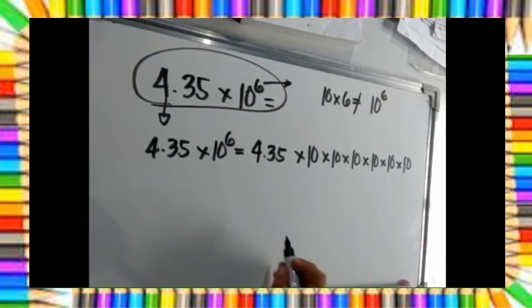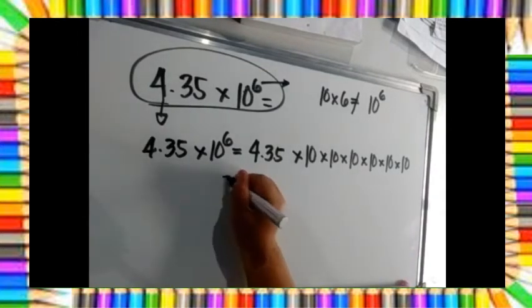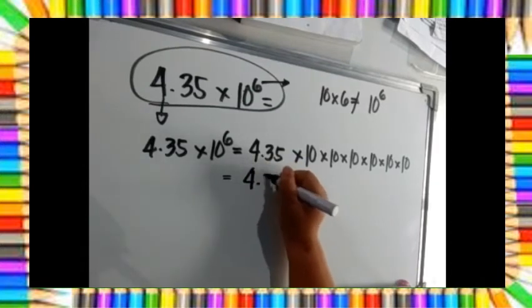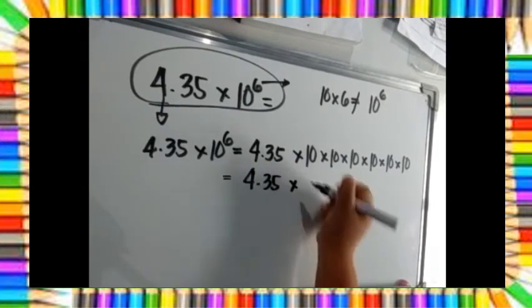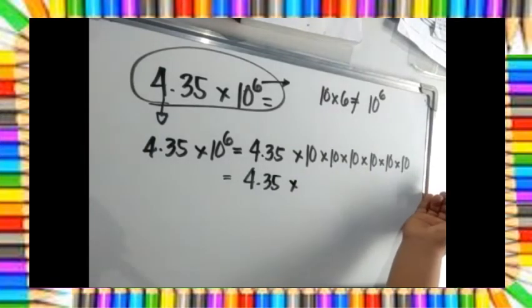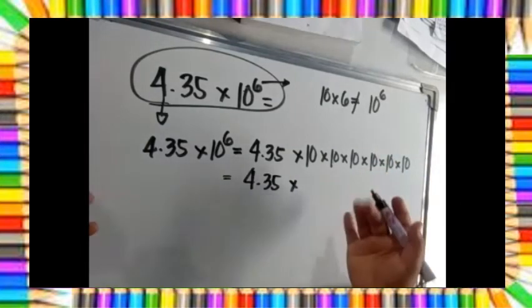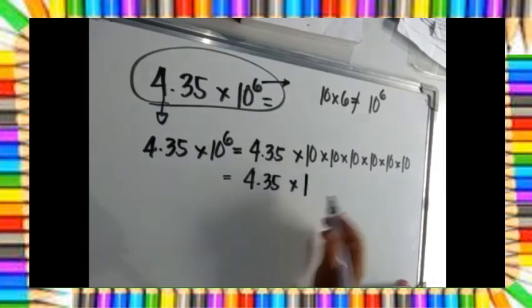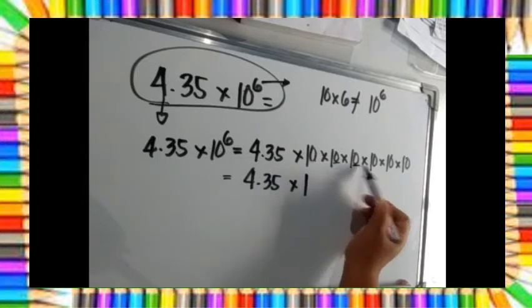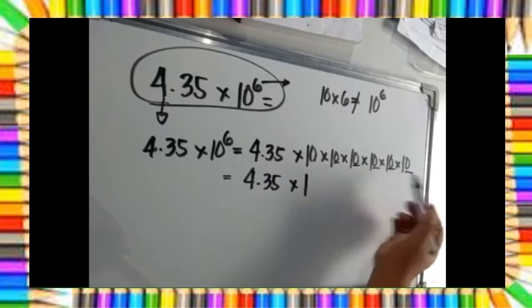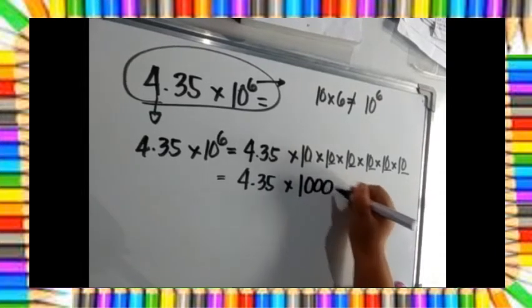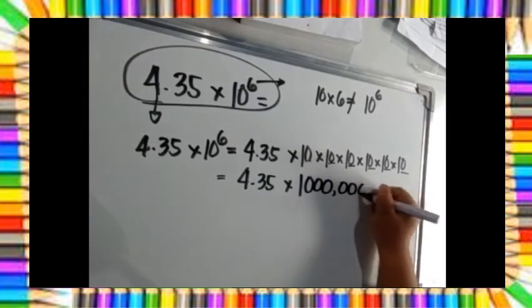So, let's solve this. 4.35 times 10 times 10 times 10 times 10 times 10 times 10. So, how much is that, class? To avoid confusion, just count how many zeros. 1, 2, 3, 4, 5, 6. So write six zeros. 1, 2, 3, 4, 5, 6.